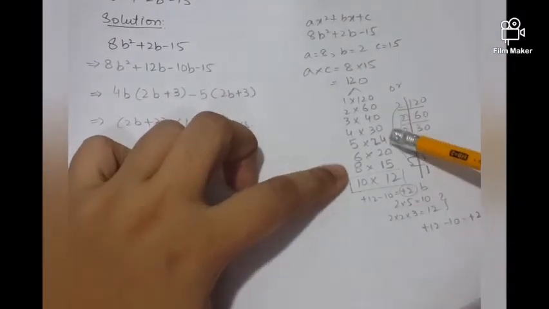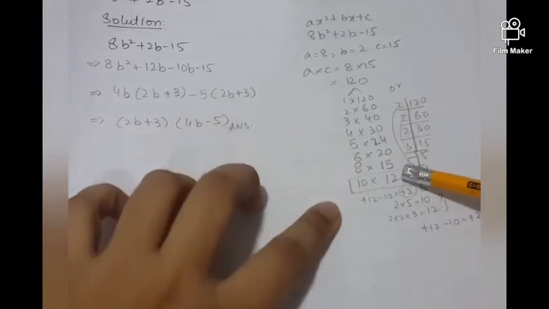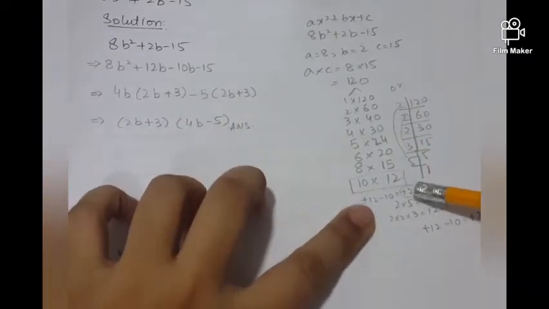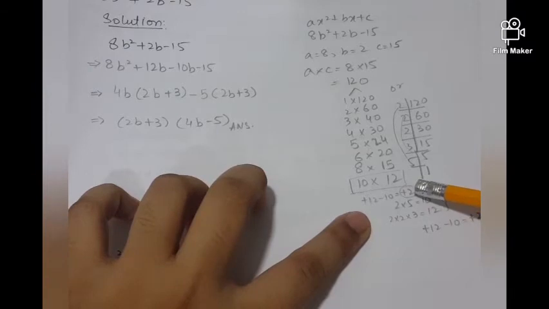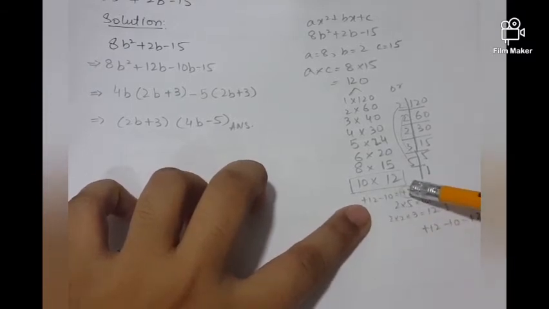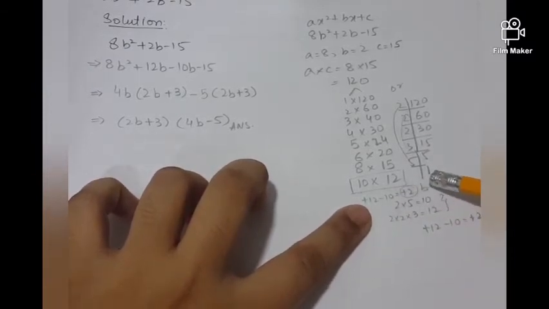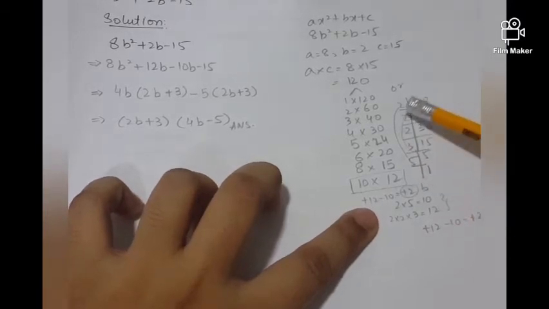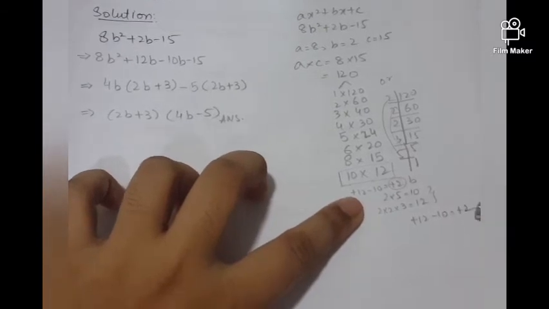Now see, it's very tedious to find these factors, and I got 10 multiplied by 12 to have plus 2, as plus 12 minus 10 can give me plus 2b. But if I use the prime factorization method, you can see 2 5s are 10 and 2 2s are 4, 4 3s are 12. 10 and 12 can give me plus 2.